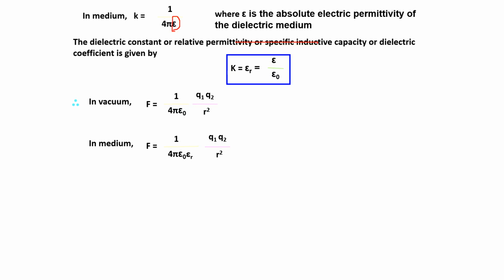In place of epsilon, the permittivity of the medium, you can write epsilon equal to epsilon naught into epsilon R, or this can be written as F equal to 1 upon 4 pi K epsilon naught Q1 Q2 upon R square.